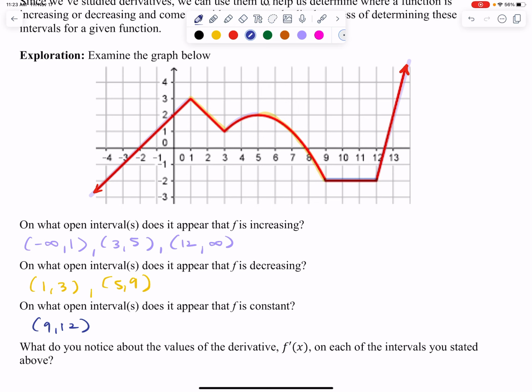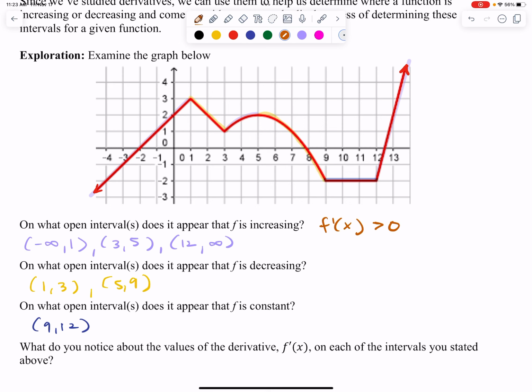Okay, so for where f is increasing, you hopefully see that if you were to draw a tangent line at any point on any of those intervals, the tangent line would be positive sloping. The slope of the tangent line would be positive, meaning f prime would be greater than 0 on that interval.